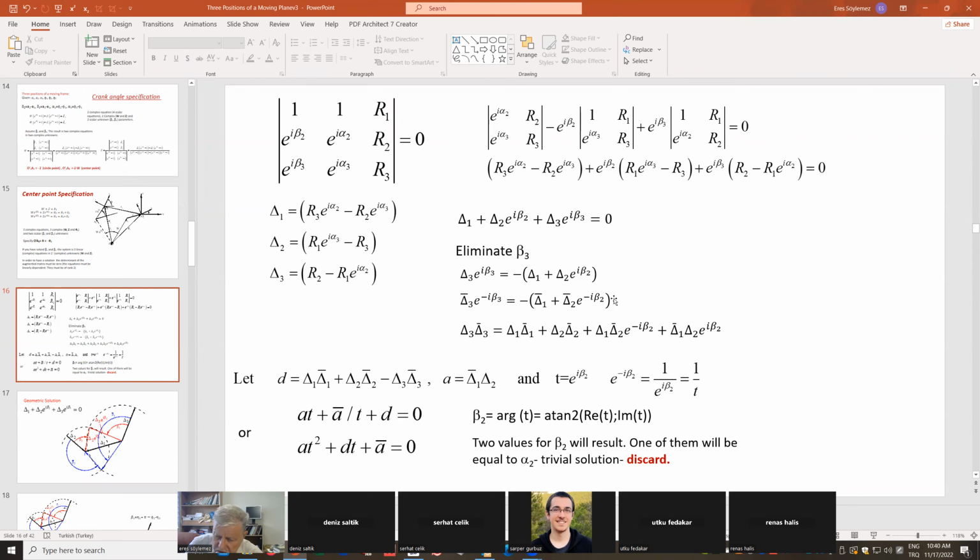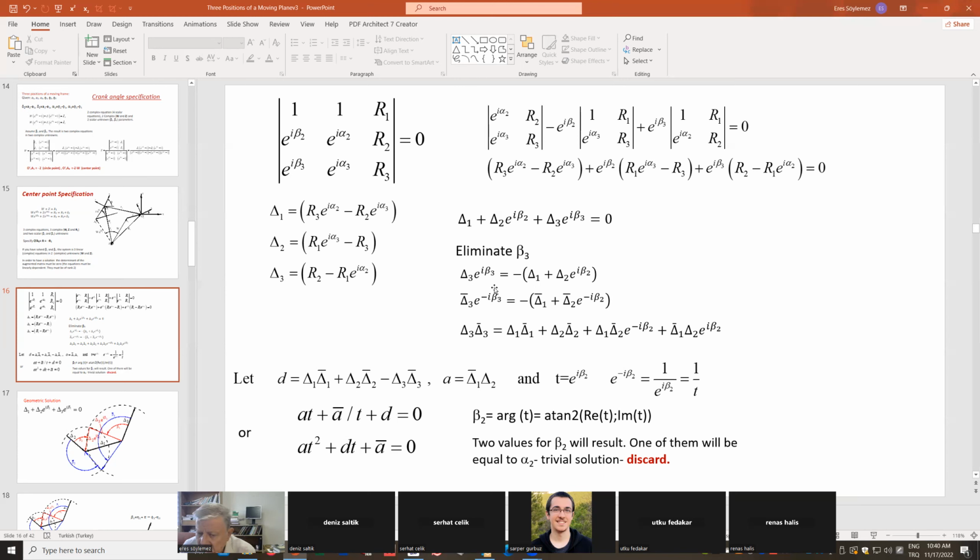Now I have this equation: delta 3 bar e to minus I beta 3 is equal to minus delta 1 bar plus delta 2 bar, complex conjugate. Wherever you see I, replace it by minus I. Delta 2 bar e to minus I beta 2.